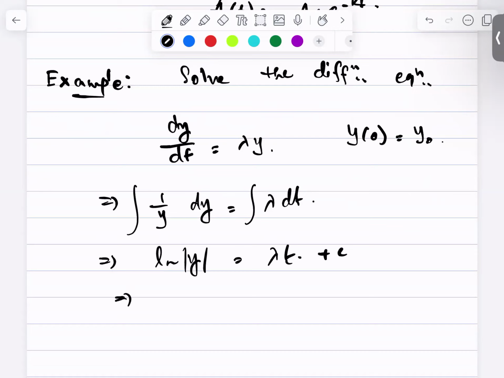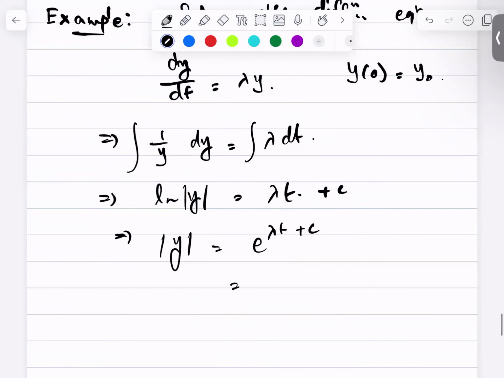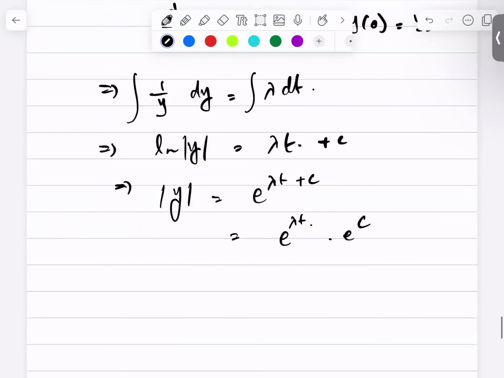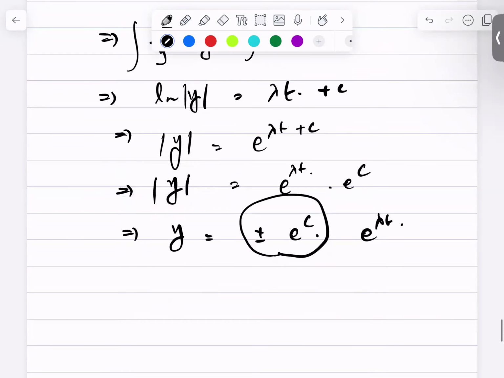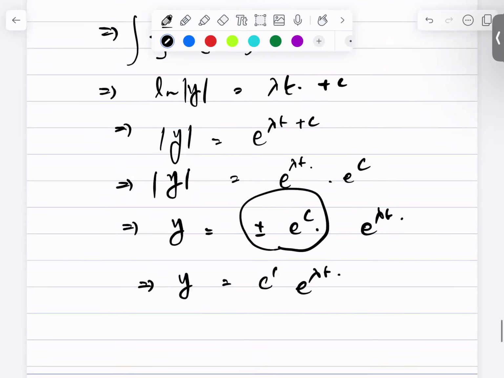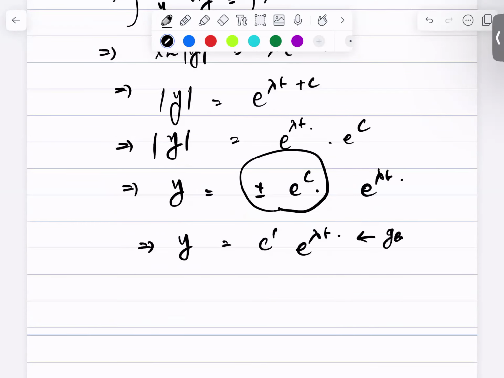In other words, I'll get modulus y to be e to the lambda t plus c, and this is e to the lambda t times e to the c. So far so good. Now, if I remove the modulus, I'll get plus or minus e to the c times e to the lambda t. But again, this is a constant, so I can write this as c prime e to the lambda t. So again, this is the general solution.